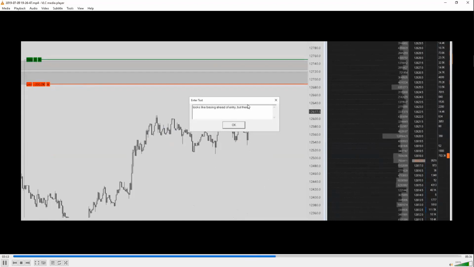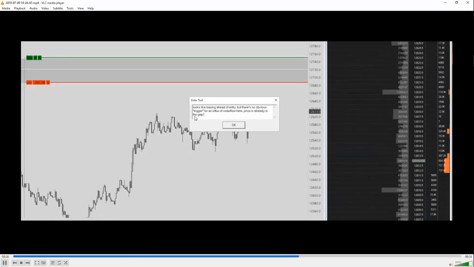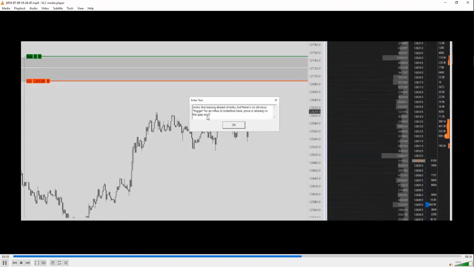This is something I'll go over in the next webinar on approach. So it looks like it's kind of forming a base right underneath my entry, which is not usually something I like to see, but there's no obvious trigger for an influx of order flow. So no clean highs or lows, and price is already kind of in the gap on the left.